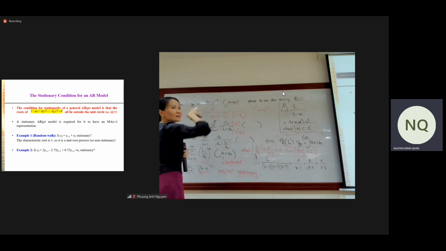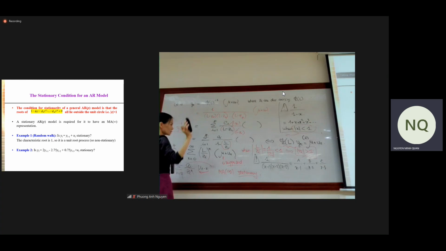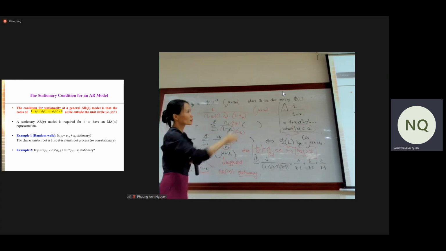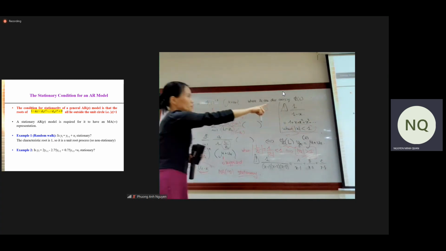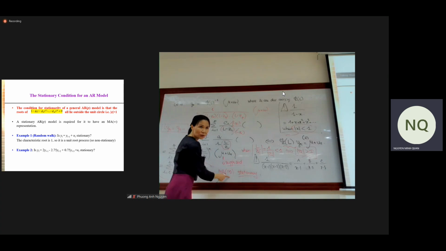Using the phi polynomial, you look for the characteristic roots. So the rule is there. If the characteristic roots lie outside the unit circle, then the series y_t may be expressed as an MA series of order infinity.